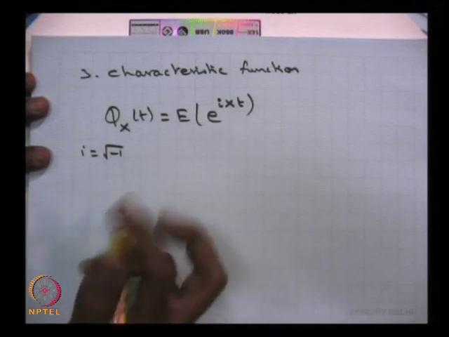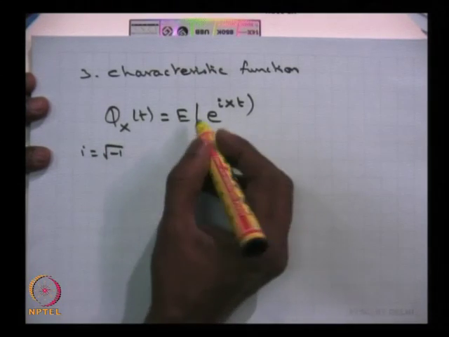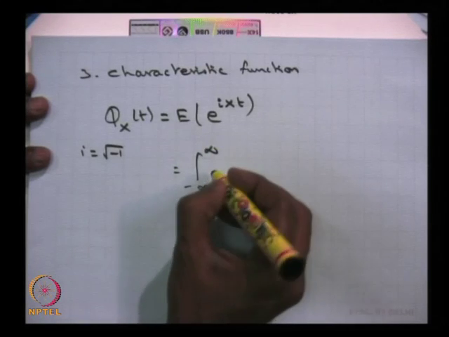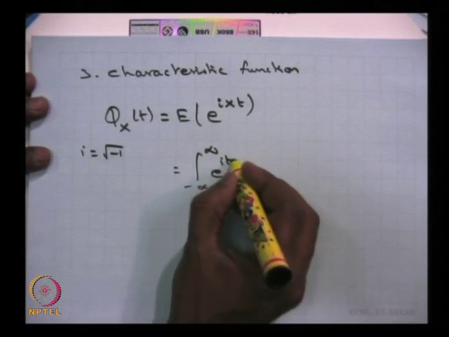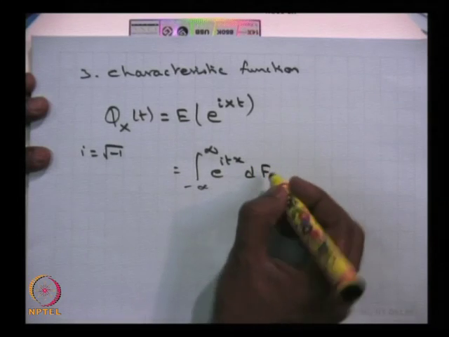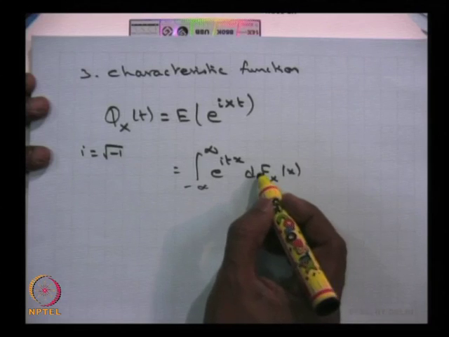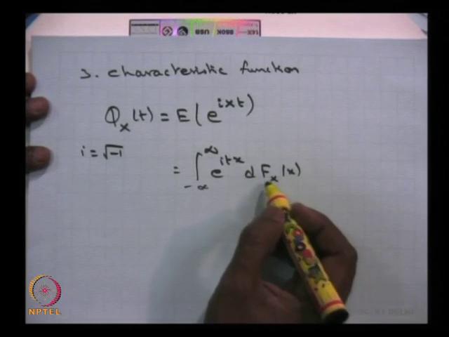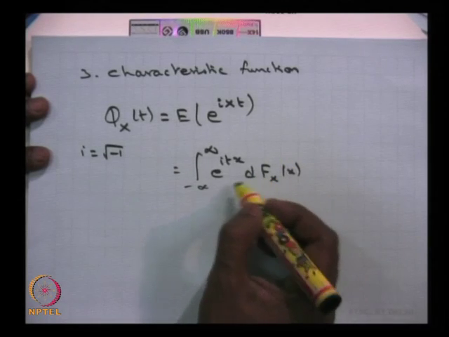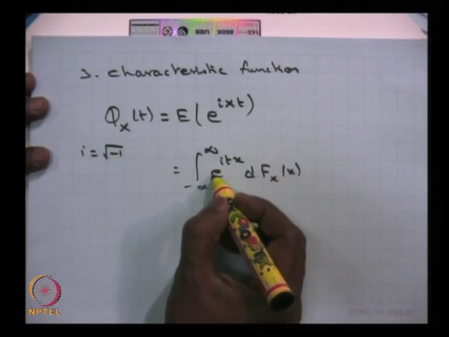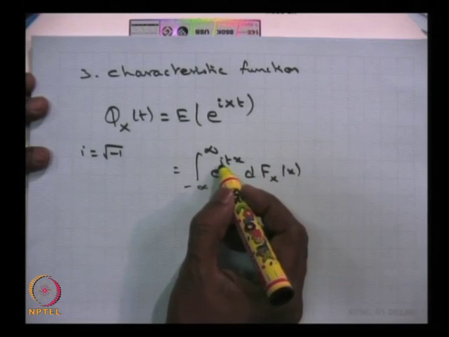You can give the interpretation that this is the same as the integral from minus infinity to infinity of e power i times tx, d of the CDF of the random variable. That means whether the random variable is discrete, continuous or mixed, you are integrating with respect to the CDF, and the integrand is e power i times tx, where i is the complex quantity.